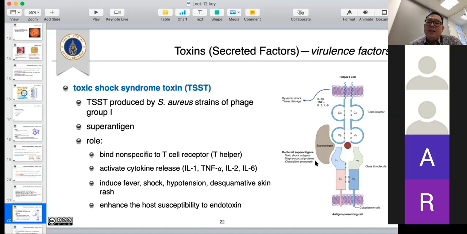But superantigen binds outside of that group, where the T cell receptor and APC are joined together, yet it can induce T helper cells to release interleukin 1, TNF alpha, interleukin 2, interleukin 6, and a lot of chemokines and cytokines to induce inflammation.